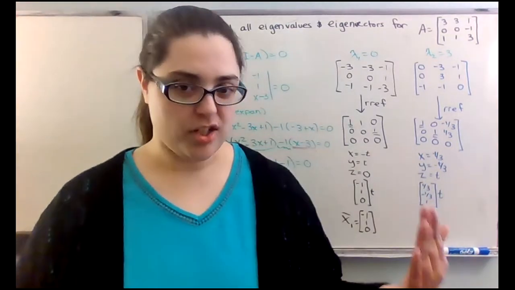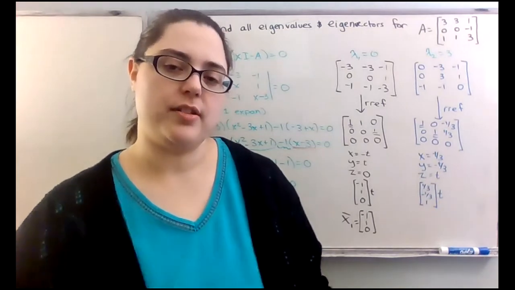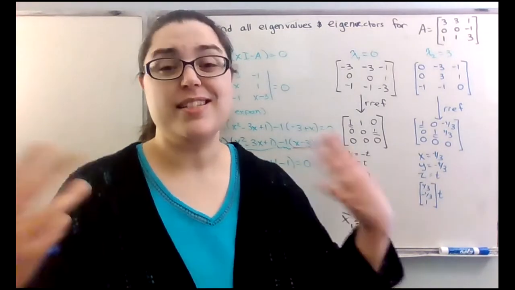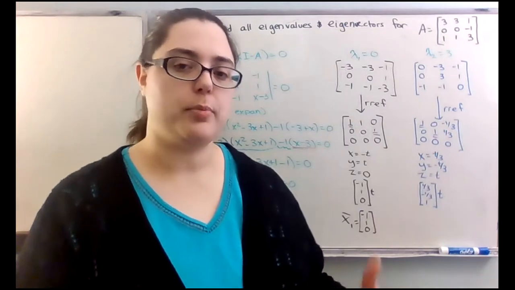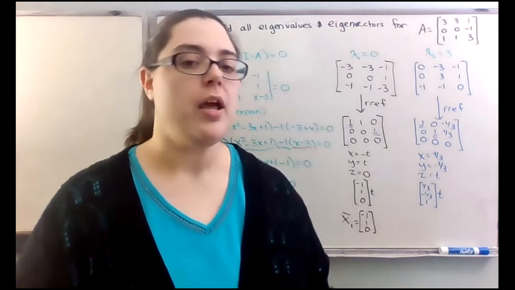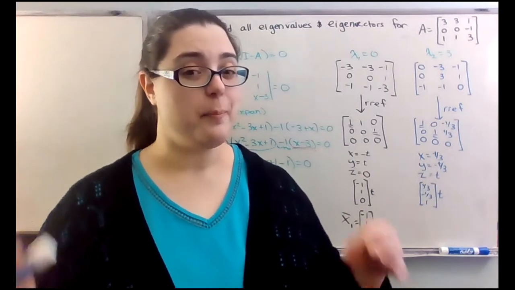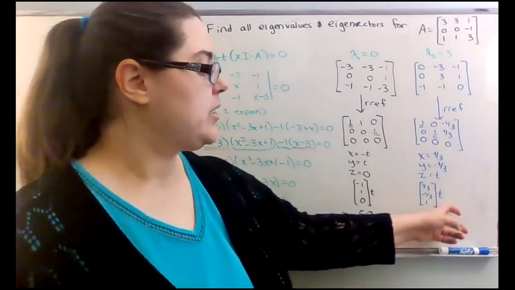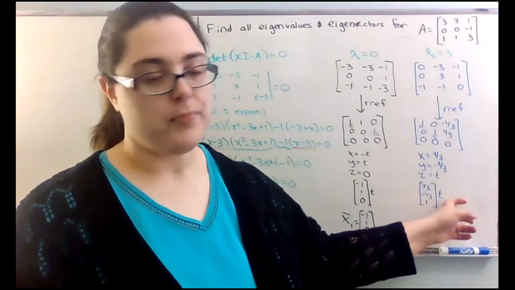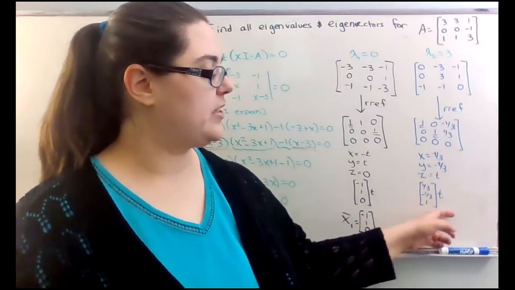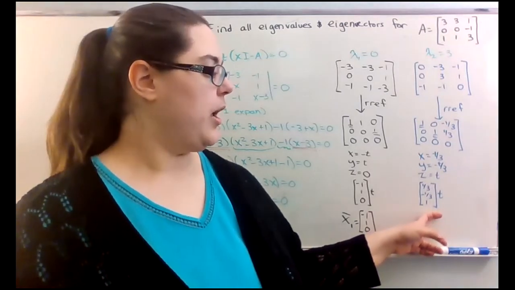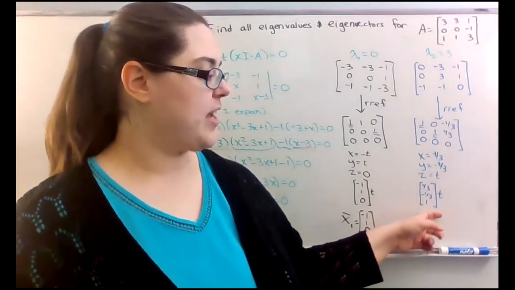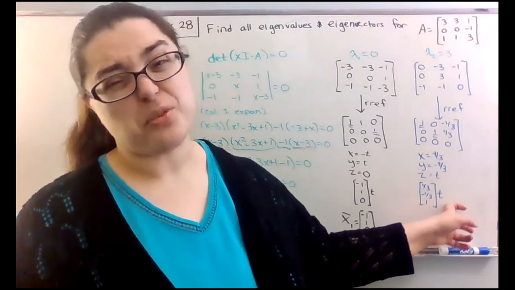Now, it's nice to represent your eigenvectors using integer values as opposed to fractions or decimals. We're able to do this because t can be literally any number, so there are infinitely many ways of expressing this. Let's say t is 3.